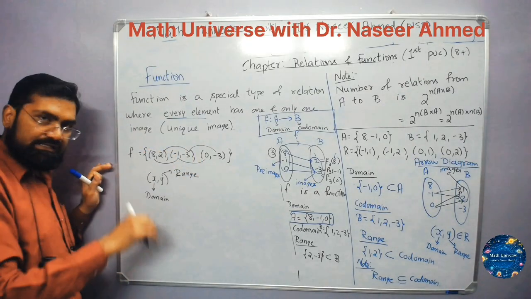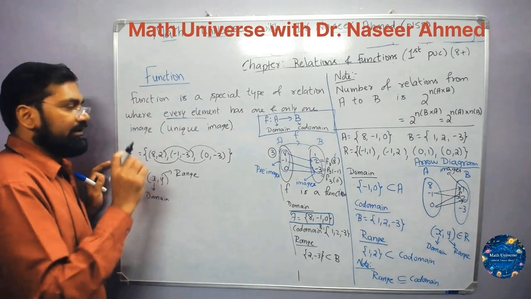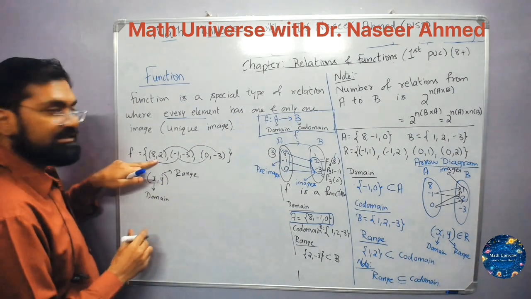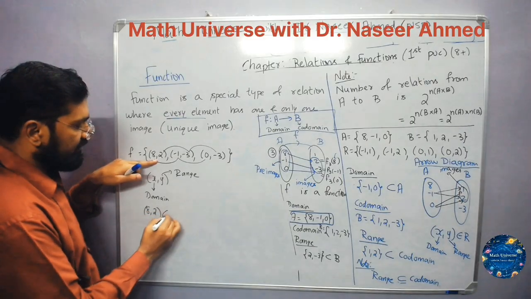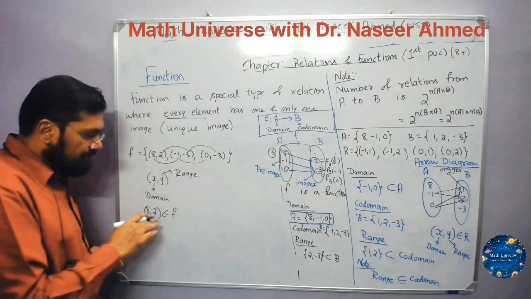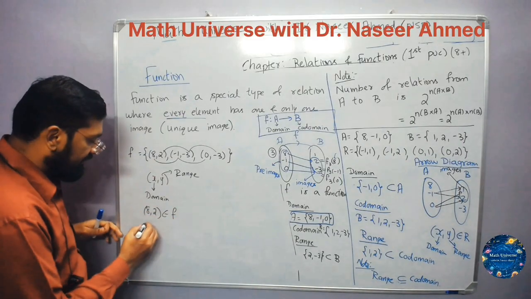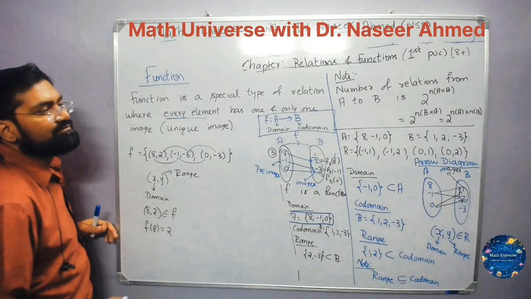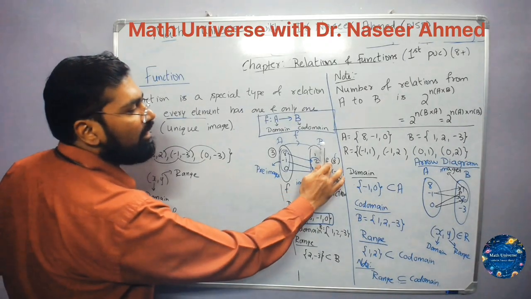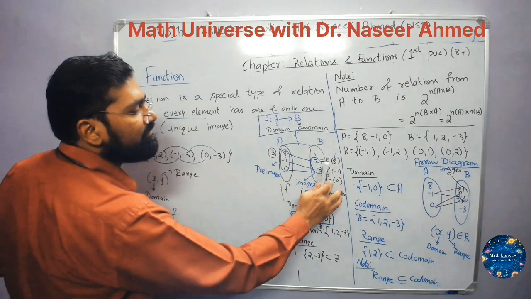Having understood this, one more point: if I talk about this element, (8, 2) belongs to what? F. In place of writing like this, we write F of 8 is equal to 2. That's what I said here. Now here all these 3 I have taken as F in place of F3.